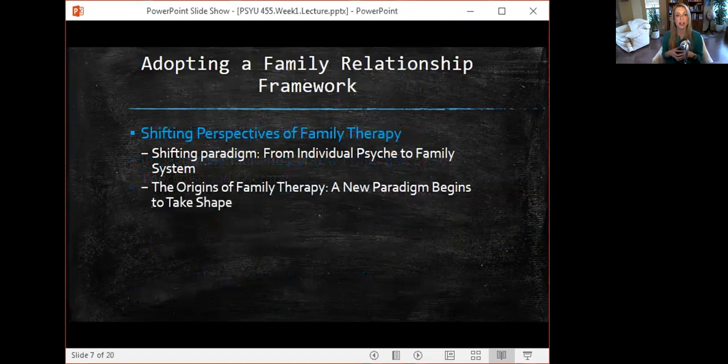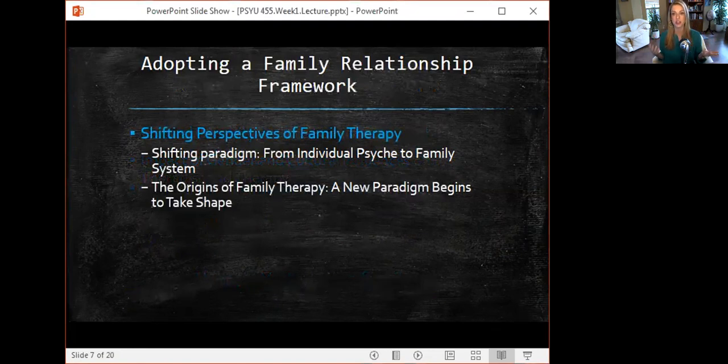So, adopting a relationship perspective, family therapists do not negate the significance of individual or intrapsychic processes. But family therapists strive to take a broader view: that individual behavior is better understood as occurring within the primary network of a family's social system.